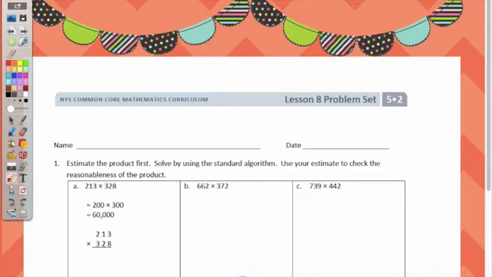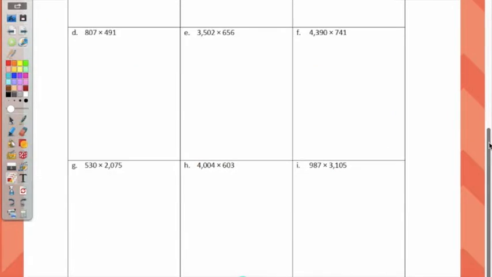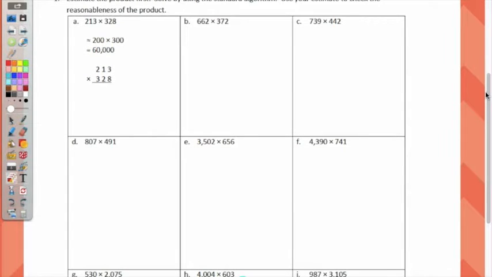Okay, so the first problem they started for us, didn't they? All right, so they went ahead and rounded the two numbers, then they multiplied and got 60,000 for the answer. So all I want you to do is write an equal sign right there. Okay? Copy these numbers onto the notebook paper.